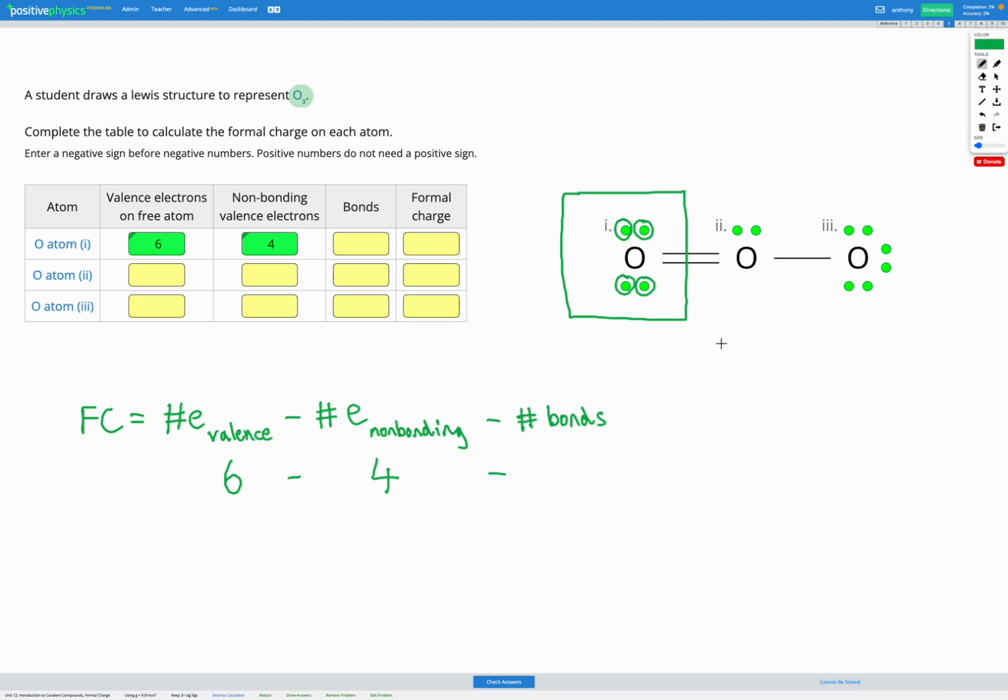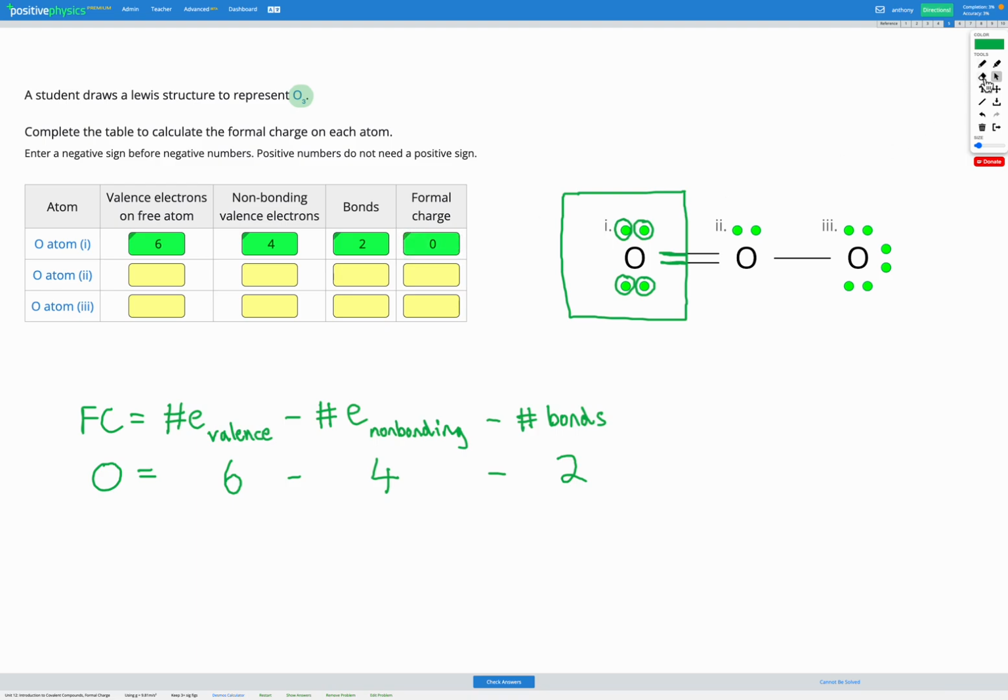Finally, we're going to subtract the number of bonds. Looking at our diagram here, we have 2 covalent bonds on this oxygen atom. So we're going to subtract the number of bonds, and that gets us our formal charge. Here we're doing 6 minus 4 minus 2, which gets us 0. So for that first oxygen atom, our formal charge is 0.